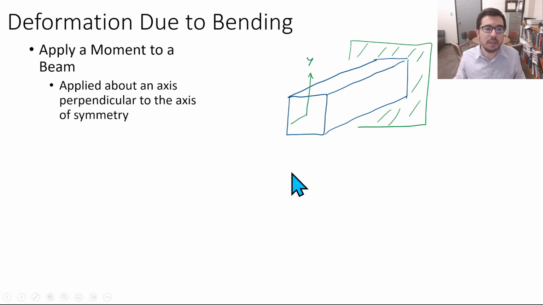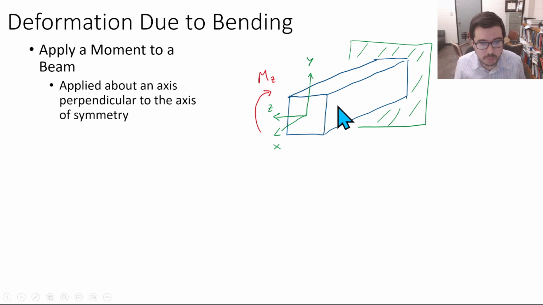Here we describe our coordinate system. Usually x is coming out, y is this way, and usually we're talking about Mz, which is causing some deformation. You can also do beam bending problems where you have My, but for now we're not going to think about that too much.